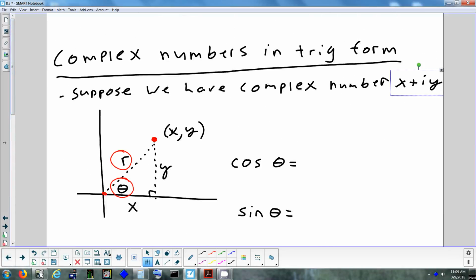It's basically the absolute value. We talked about that. Theta is the angle in this triangle between the x-axis and the hypotenuse. You have to find those two things to write a number in trig form, and later I'll explain how to do it. But if you know about right triangles, you probably already know an idea of how to do it.